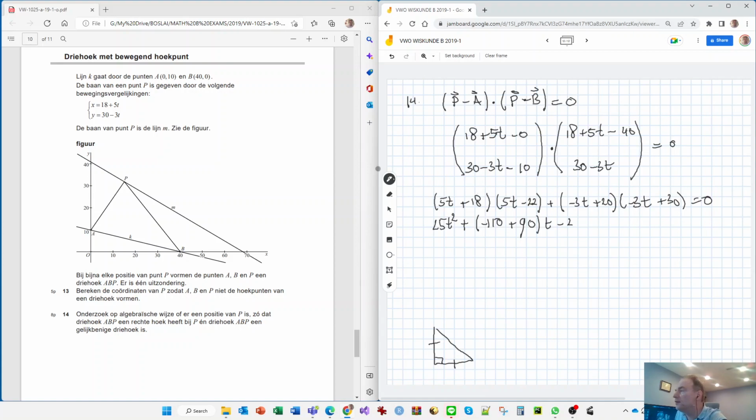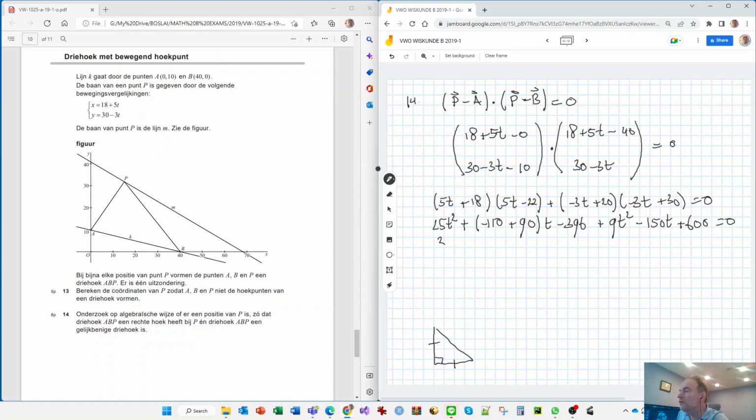It's minus 396. And here I get the 9t squared, and minus 3t times 30 is minus 90, and I have to subtract 20 times 3, so I get minus 150t, and 20 times 30 is 600. Okay.